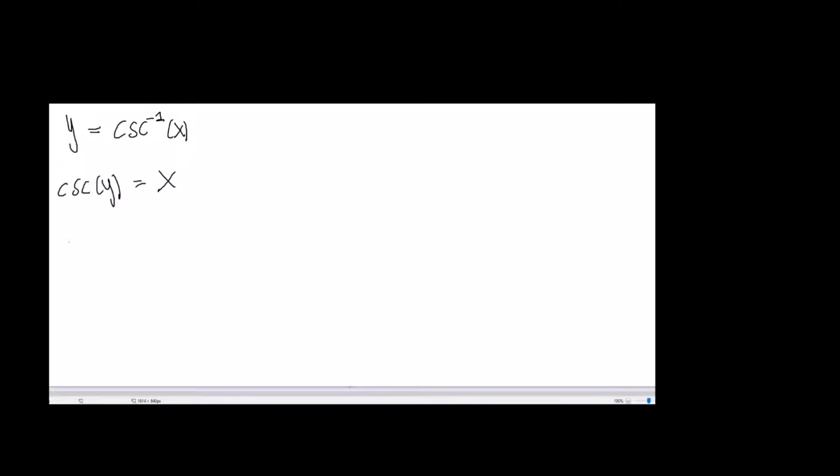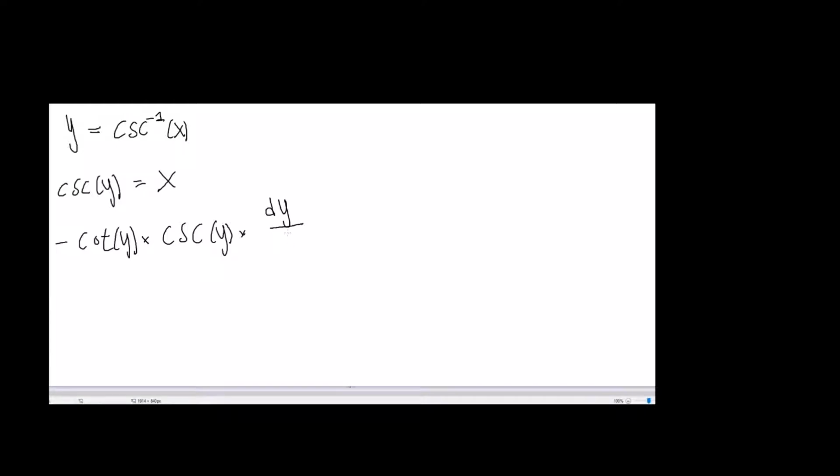You do the derivative of both sides, and derivative of cosecant is negative cotangent multiplied by cosecant. And of course we have to apply the chain rule since it's not an x inside, it's a y inside, and we're differentiating with respect to x.